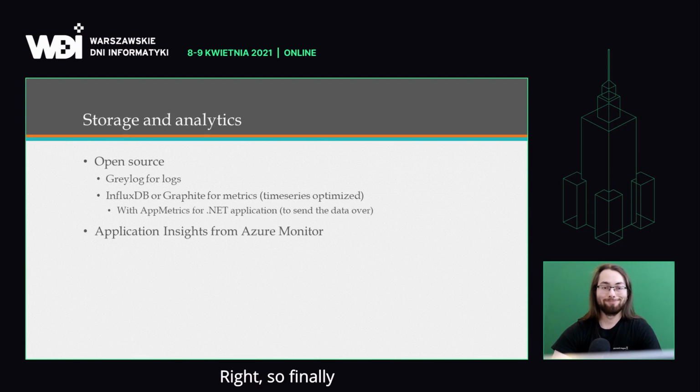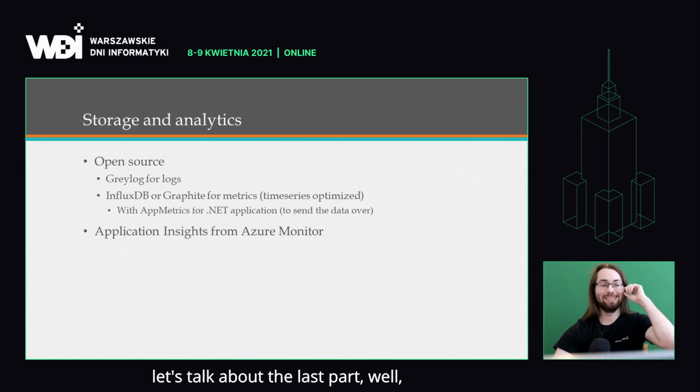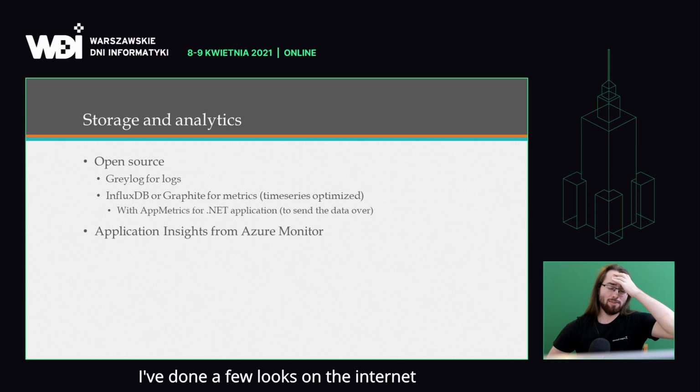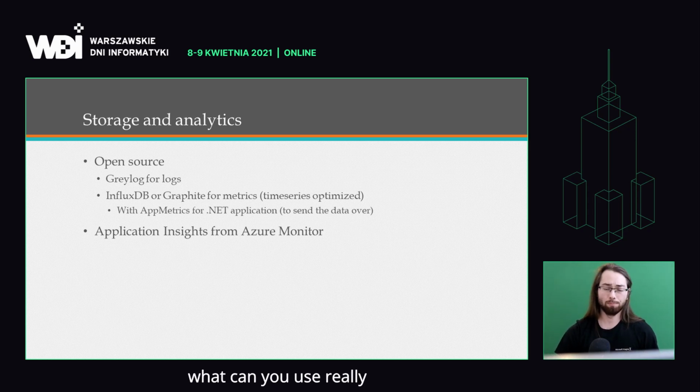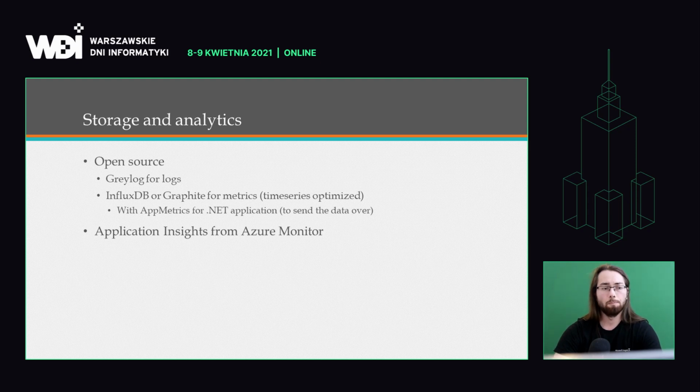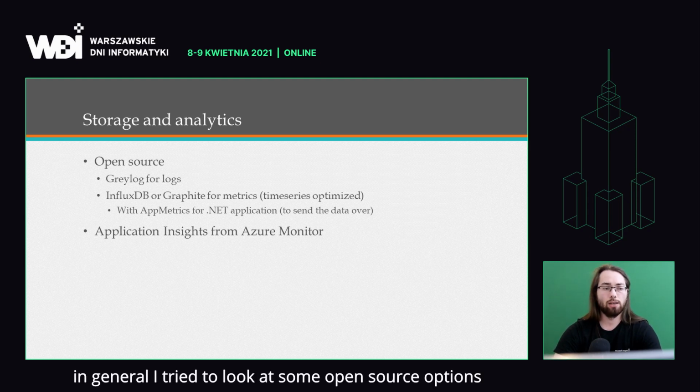Right, so finally, let's talk about the last part. Well, it's the storage and analytics. I've done a few looks on the internet. What can you use really? Because at Microsoft we have a custom system for this, but in general I try to take a look at some open source options.